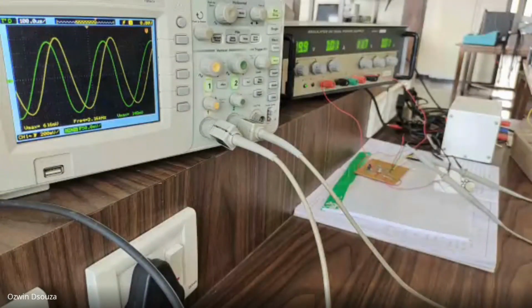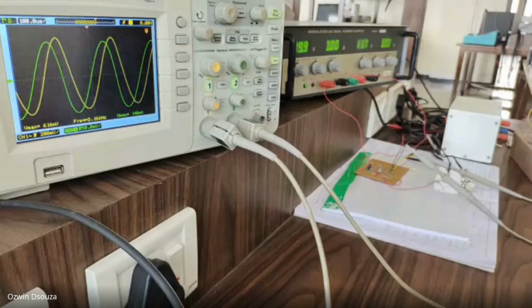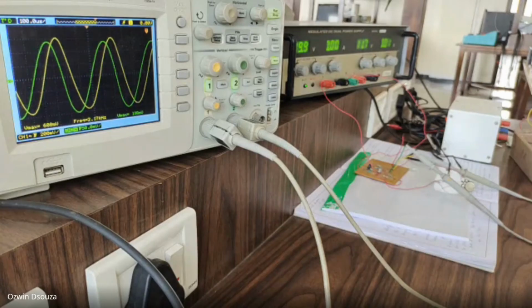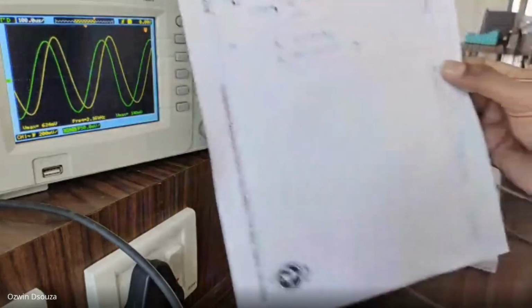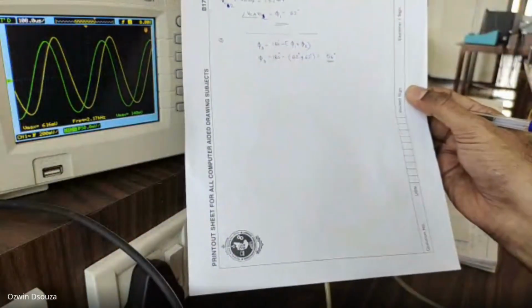So that is 180 degrees minus phi 1, which is 62 degrees, plus phi 2, again 62 degrees. So 180 minus 124 degrees. In and around, the third stage should give you a phase shift of 56 degrees. Here is the calculation.